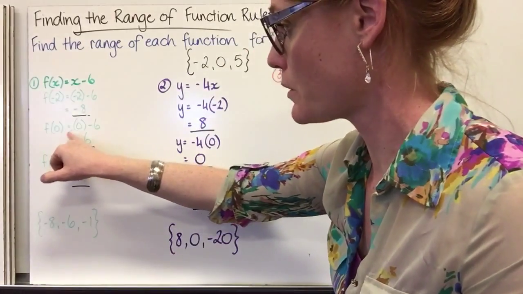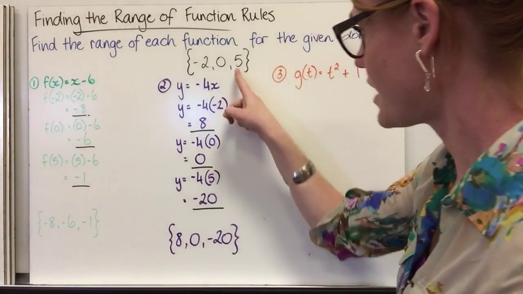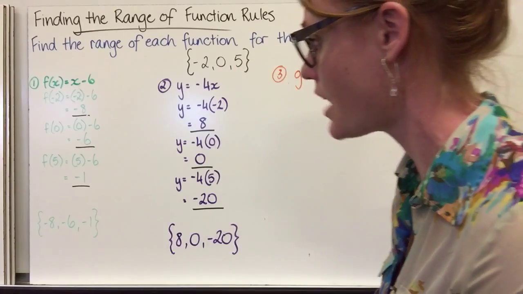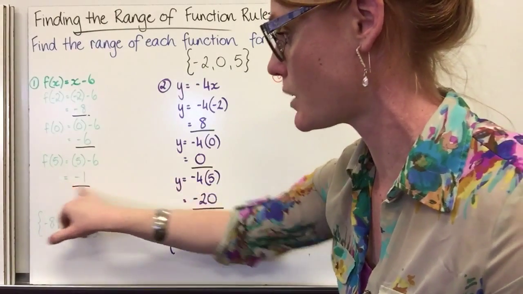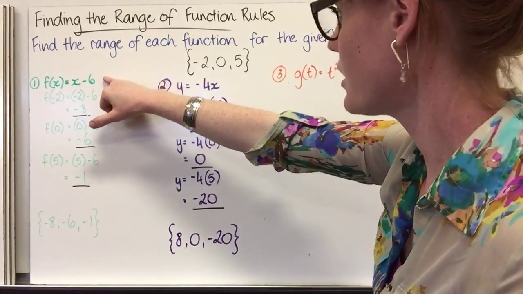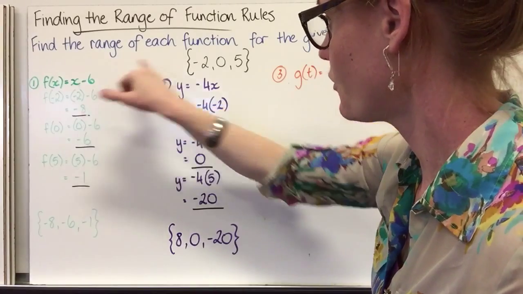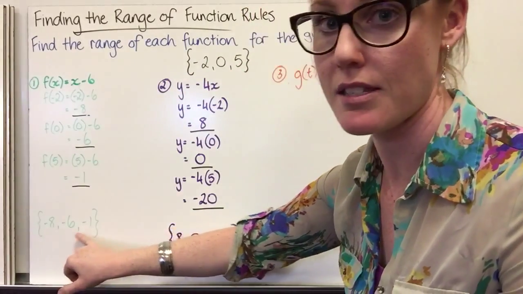So f of 0 equals 0 minus 6, which equals negative 6. The next domain value is 5, so let's plug that in. f of 5 equals 5 minus 6, which equals negative 1. So our range values for this function, for this given domain, are negative 8, negative 6, negative 1.